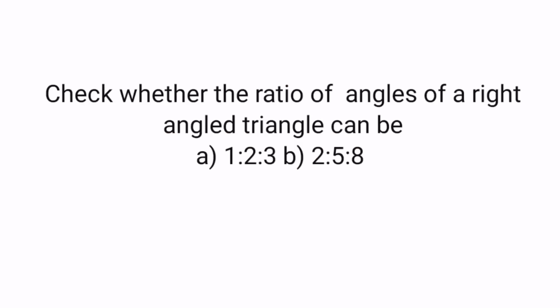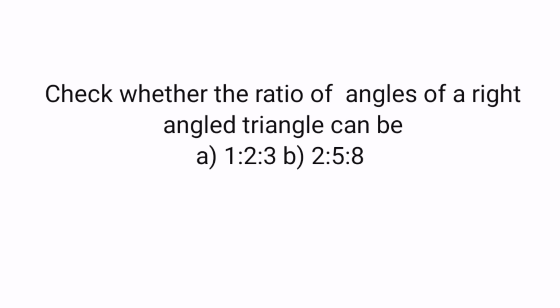Moving on to the next question. Check whether the ratio of angles of a right-angled triangle can be 1:2:3. Second one, 2:5:8. So, we know that in a right-angled triangle, one of the angles will be 90 degree.